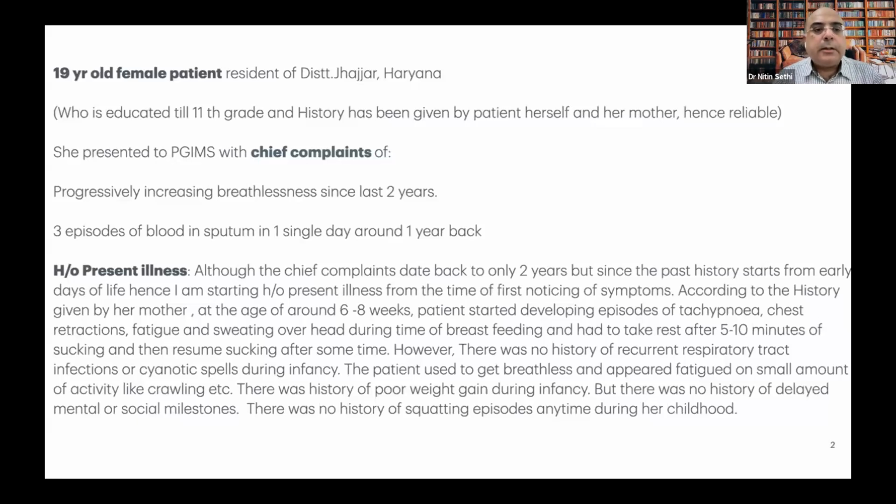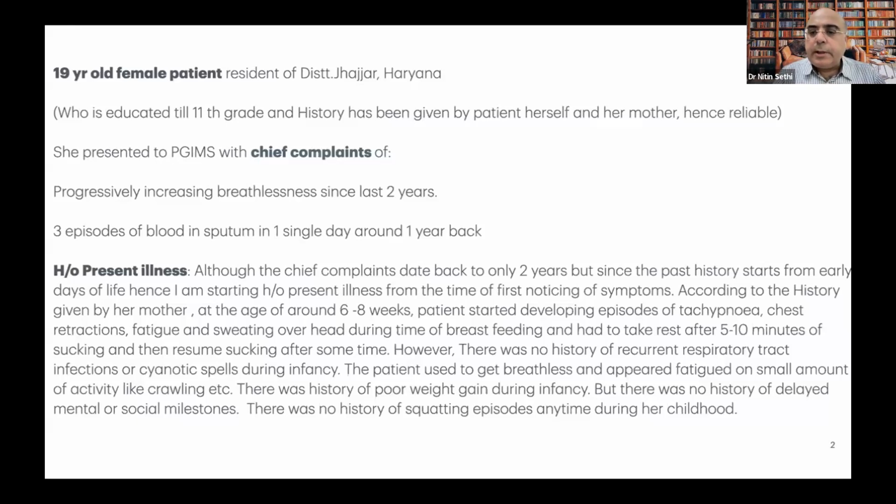According to the history given by the mother, at the age of around 6 to 8 weeks, the patient started developing episodes of tachypnea, chest retractions, fatigue, and sweating over the head during breastfeeding, and she had to take rest for 5 to 10 minutes of sucking, and then resume sucking after some time. However, there was no history of recurrent respiratory tract infections or cyanotic spells during infancy.